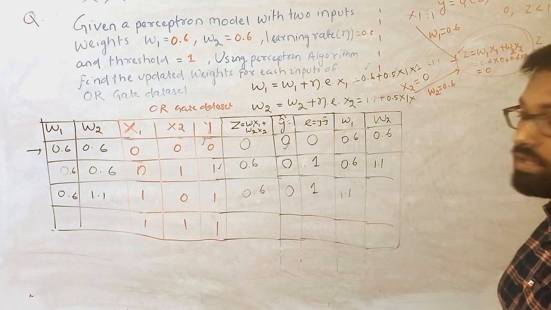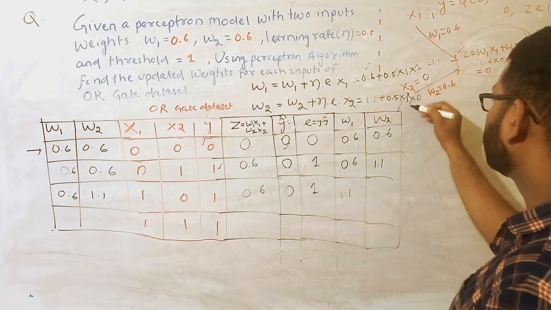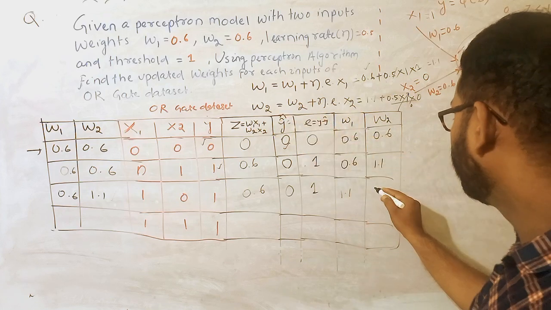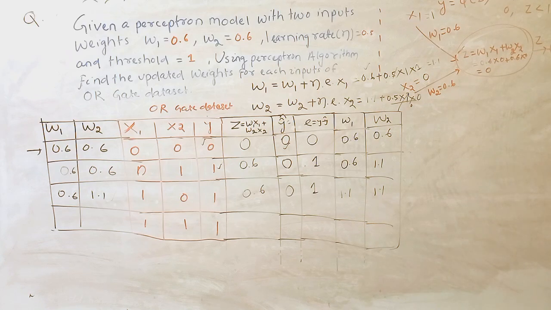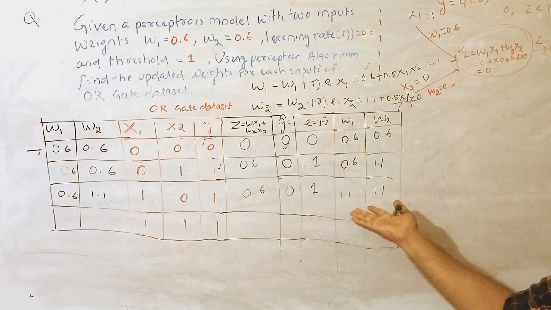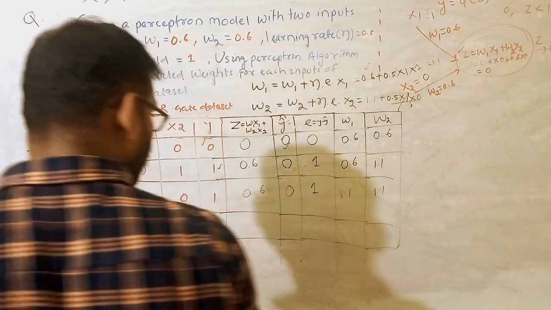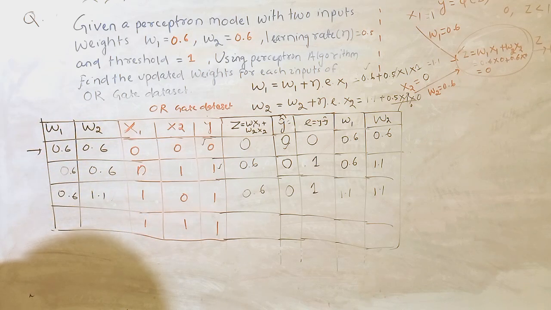What is the input of x2? It is 0. So this is 0, which means this whole thing is going to be 0. That means this W2 is going to be the same. No change here. Okay, now over. Now these new weights we have to use for the next iteration.